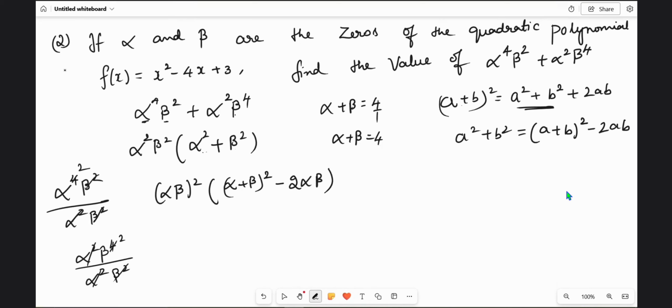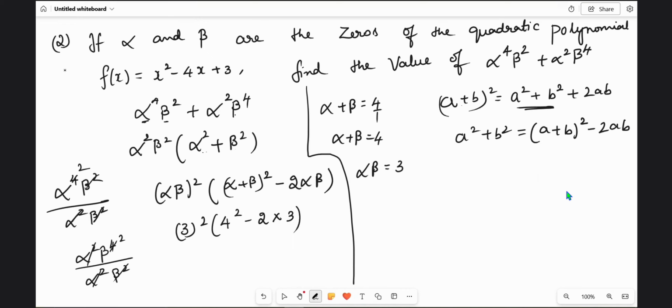Okay, then alpha into beta is c by a, that is 3 by 1, it is 3. So alpha into beta, I can write as 3 square. Alpha plus beta is 4, 4 square minus 2 into 3. 3 square is 9, 4 square is 16 minus 2 into 3 is 6.